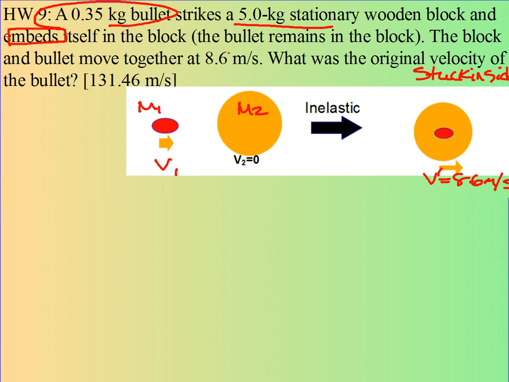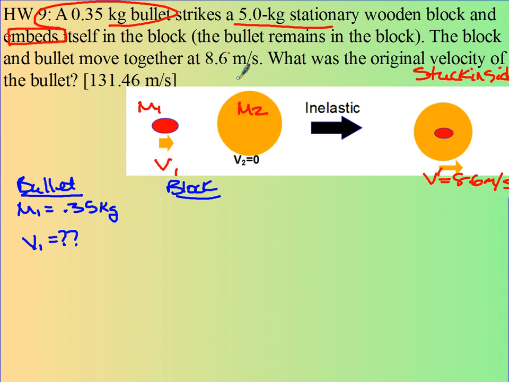Organize your data. M1 is the bullet. Make yourself organized. And this is your block. The bullet is M1, and the bullet is 0.35 kilograms. That's a seriously sized bullet, let me tell you. And we're looking for V1. We don't know it. The block has a mass of 5 kilograms, and it was originally stationary.